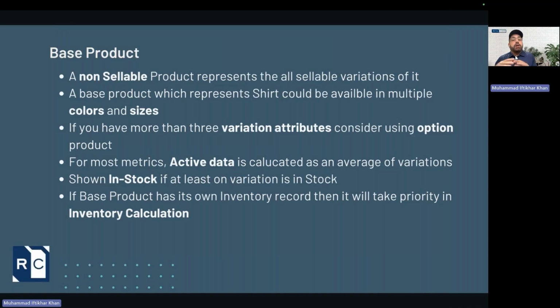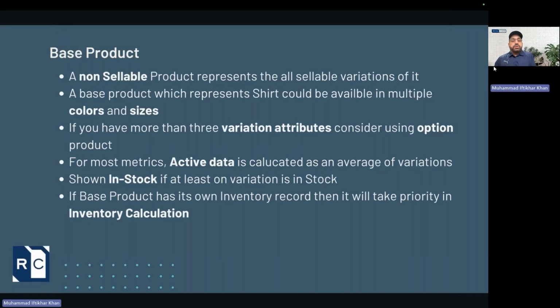But all other attributes, like the material of the shirt, the brand of the shirt, or whether it's stone wash or wash and wear, whatever. So all these other attributes will be defined in the base level template of this base product.